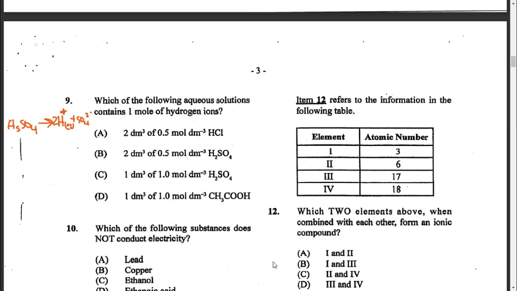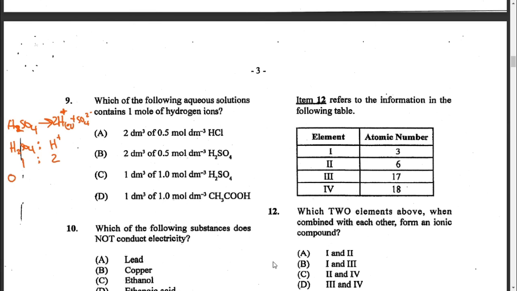So what is the mole ratio between the sulfuric acid and the hydrogen ion H+? For sulfuric acid H2SO4 ratio with H+, it is 1 to 2, and right here it says 0.5 molar of sulfuric acid.